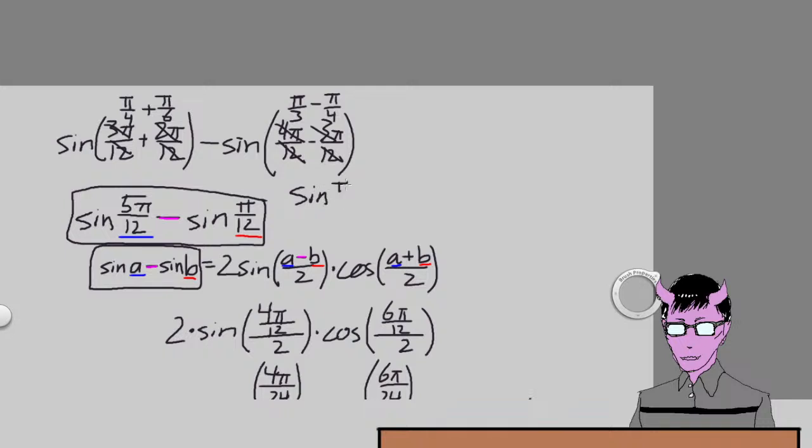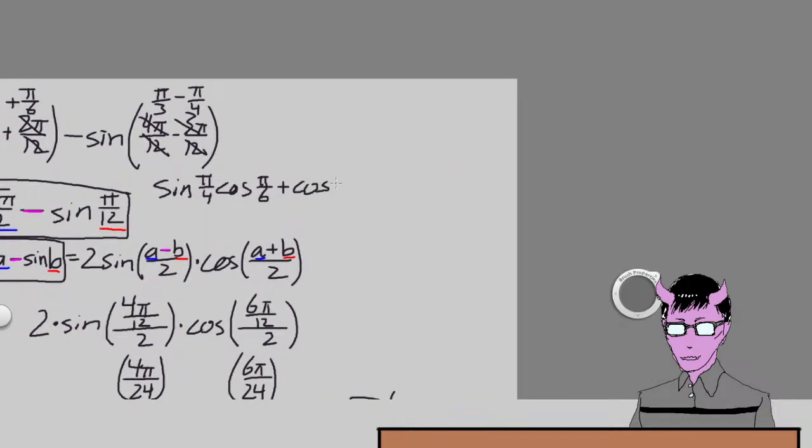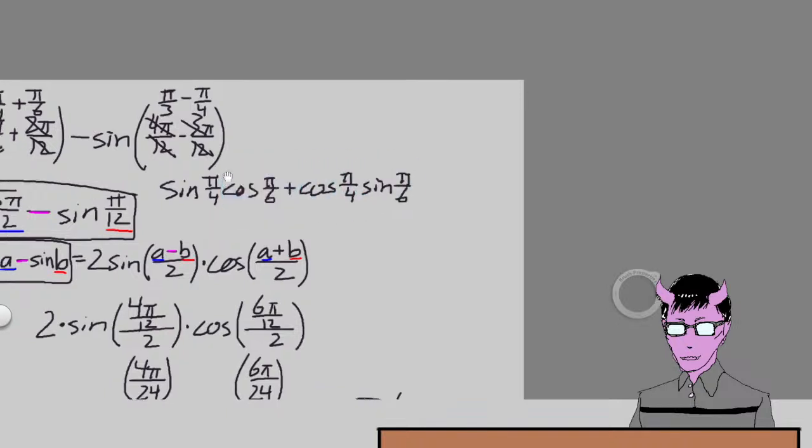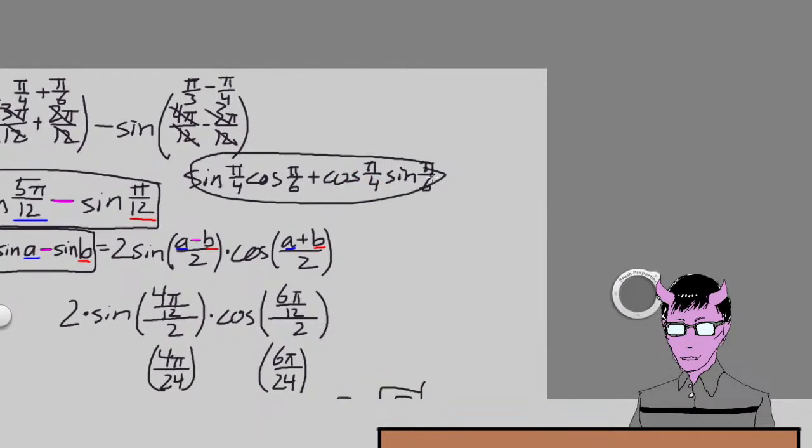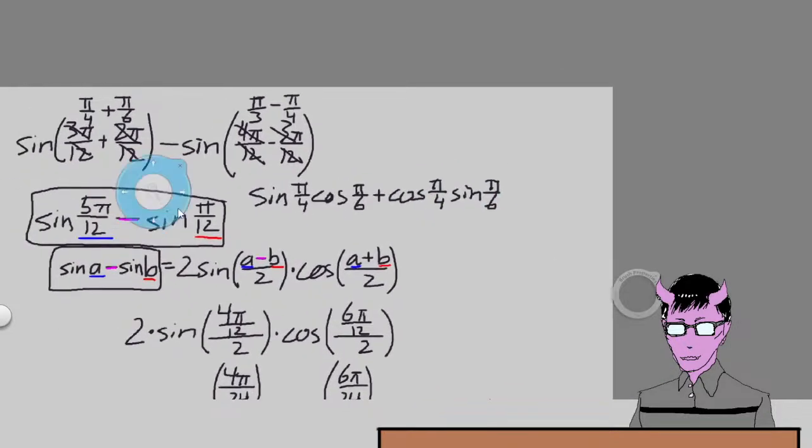Alright, now let's do the sine, cosine, cosine, sine nonsense. So sine of pi over 4, cosine pi over 6, sine keeps the same sign, plus cosine sine. So that one expands into that one. Wonderful. Minus, put it on the second line.